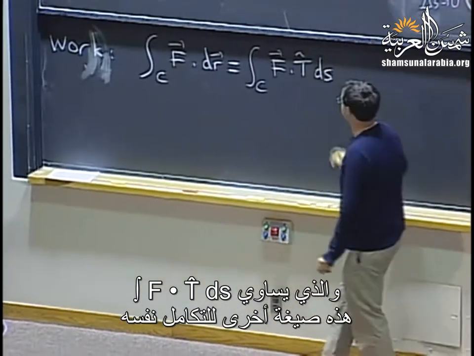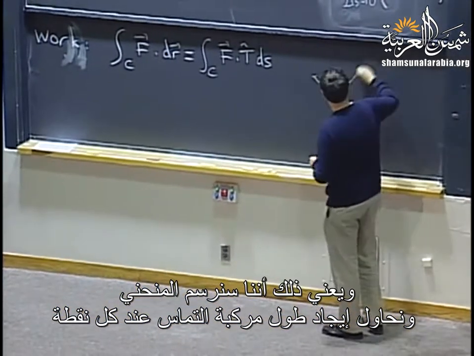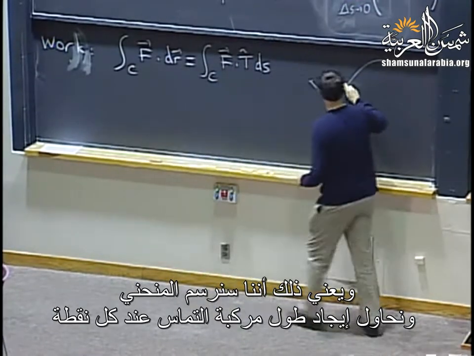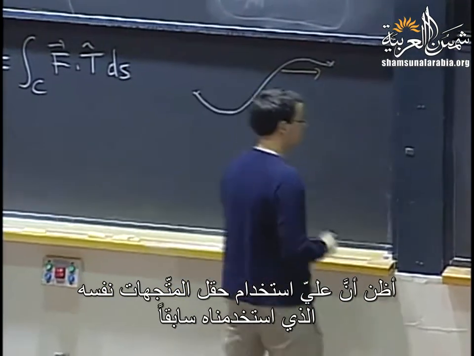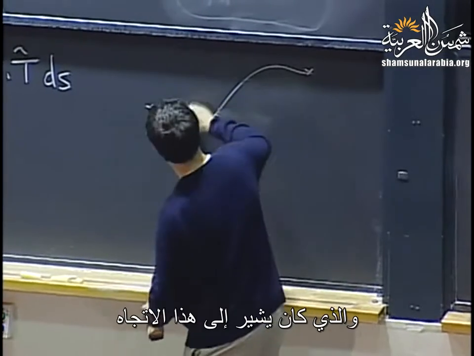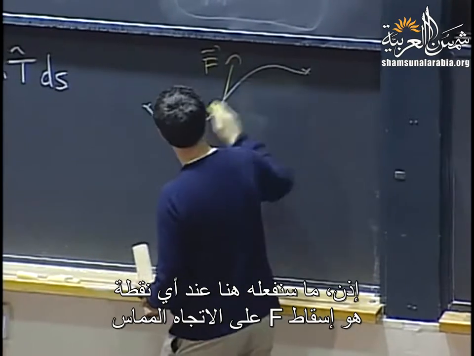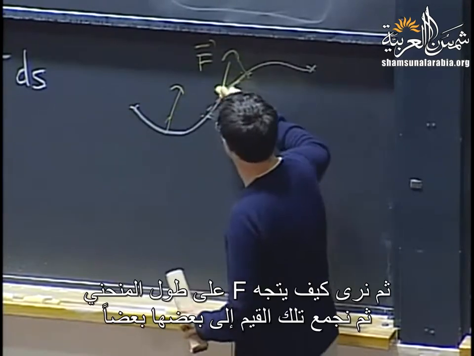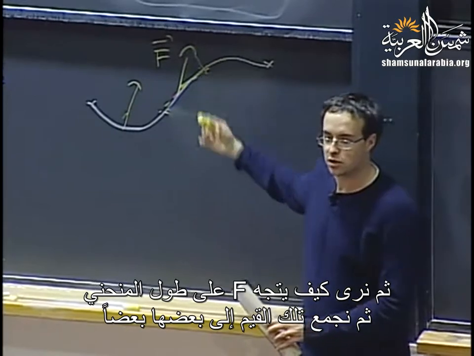That's how we reformulated it. That means we take our curve and we figure out at each point how big the tangent component is. I guess I should probably take the same vector field as before. So let's see, my field was pointing more like that way. So what I do at any point is I project F to the tangent direction, and I figure out how much F is going along my curve. And then I sum these things together.